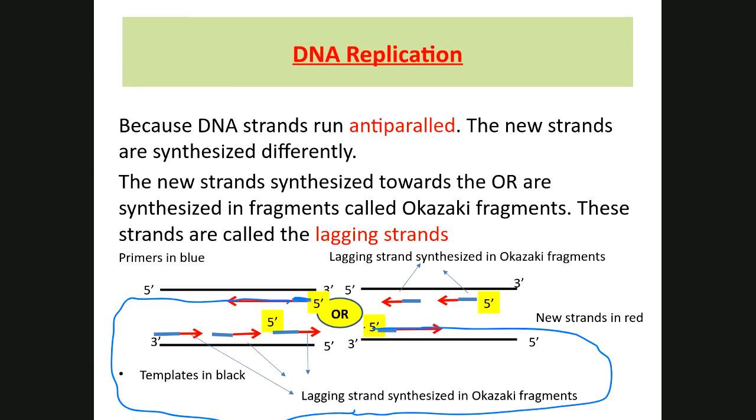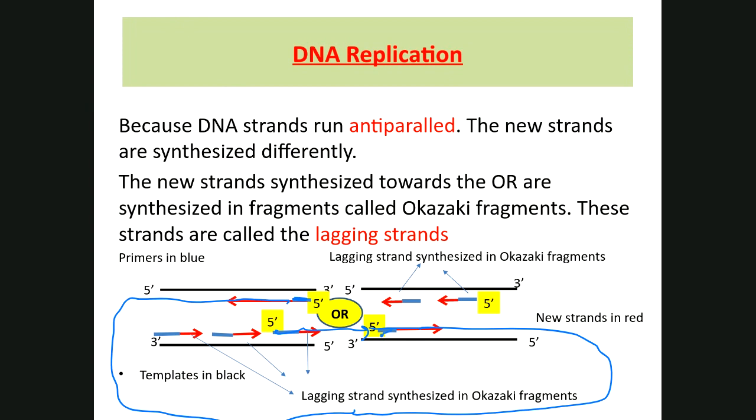The others, however, have a problem. The DNA polymerase that's replicating 5' to 3' going towards the origin of replication will grab a hold of the primer and begin replicating. And all of a sudden it bumps against the strand on the other side.